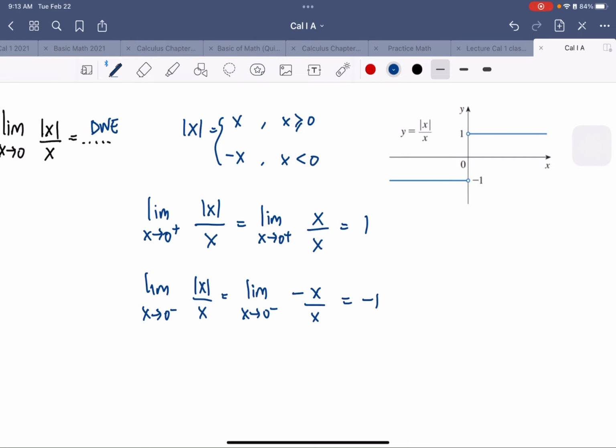As x approaching 0, it has two different values, positive 1 and negative 1. Okay, so we say that this limit does not exist.